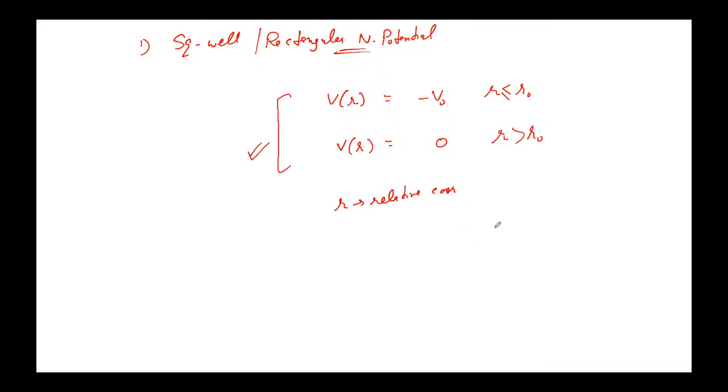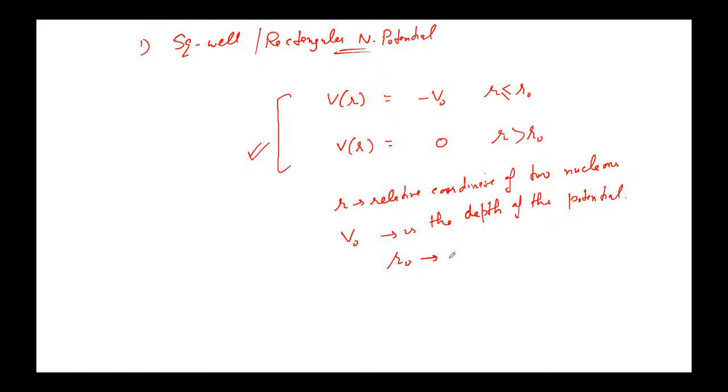R is the relative coordinate of two nucleons, and V naught is the depth of the potential, and the parameter R naught represents the range of the nucleons.